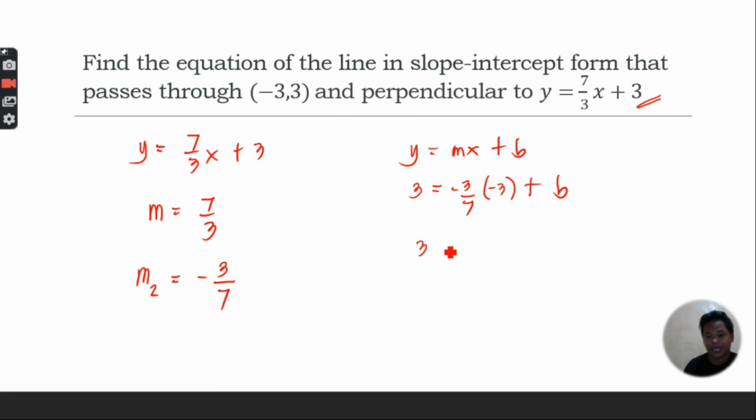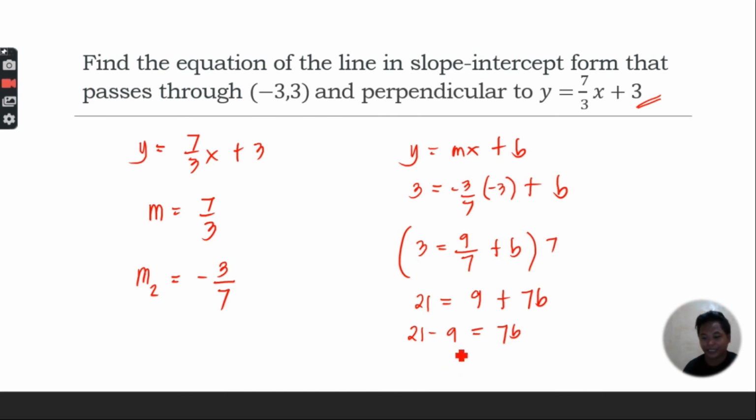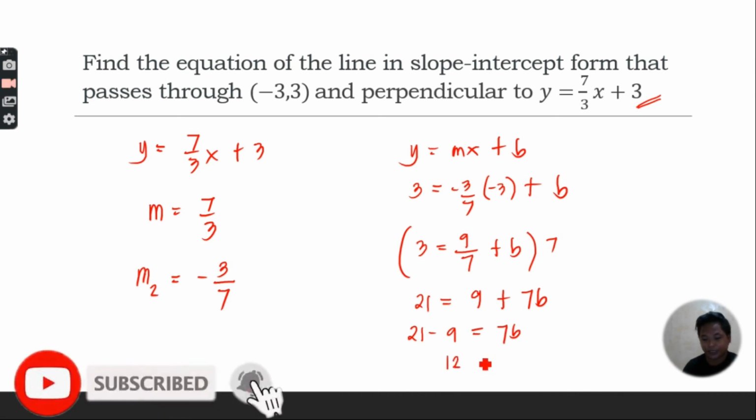Therefore, we have 3 is equal to 9 over 7 plus b. So multiplying by the LCD, which is 7, we have 21 is equal to 9 plus 7b. Then 21 minus 9 is equal to 7b, and 21 minus 9 is 12, which is equal to 7b.